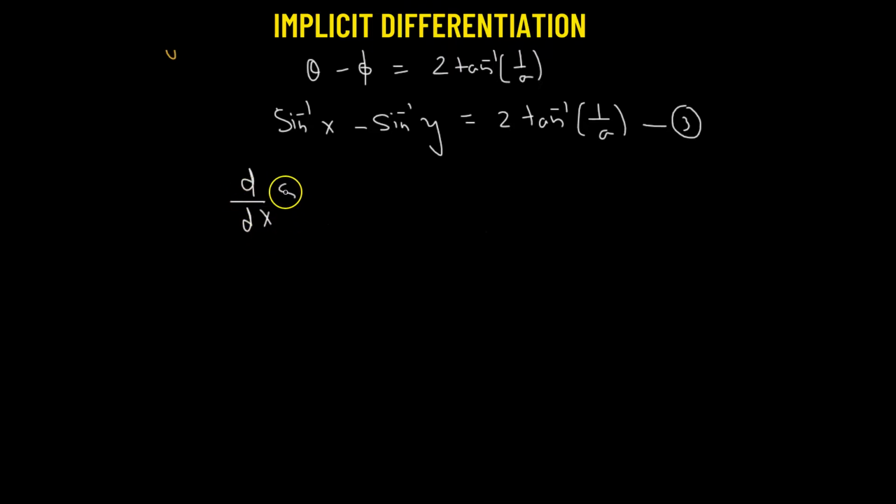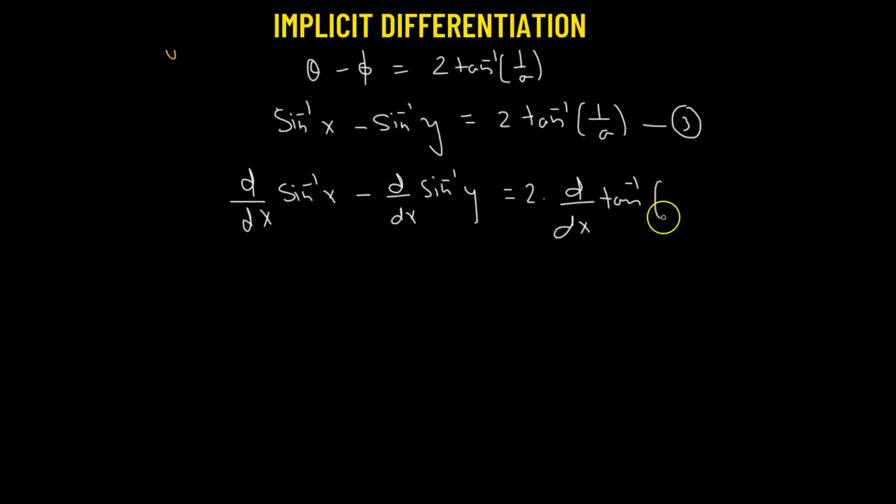So we have the derivative with respect to x of the inverse sine of x minus the derivative with respect to x of inverse sine of y, which will be equal to 2 times the derivative with respect to x of tangent inverse of 1 over a. And we know that when we take the derivative with respect to u of sine inverse of u, this is given by 1 divided by square root of 1 minus u squared.